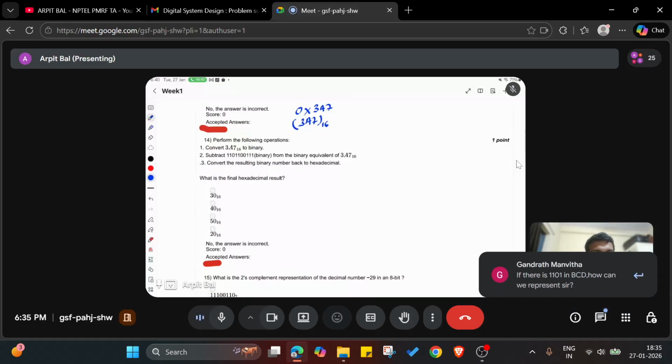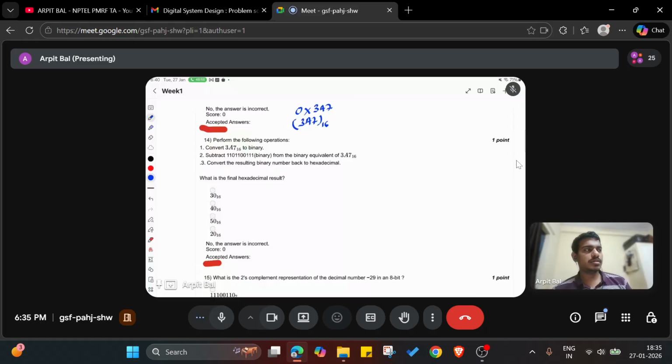So if you already have this number, 3A7 base 16, convert it to binary, and you are supposed to subtract this particular given sequence from the binary equivalent of 3A7 base 16, and then convert the resulting binary back to hexadecimal.